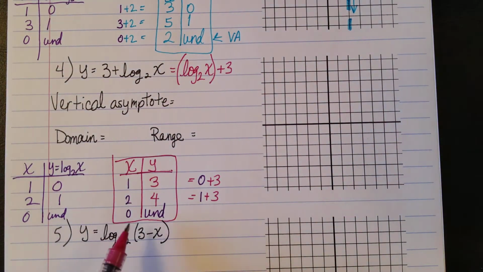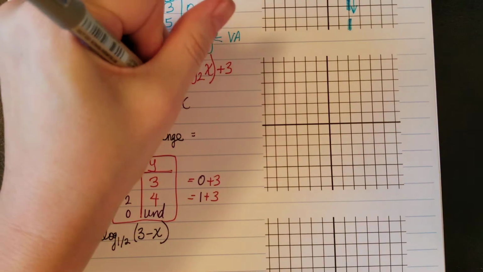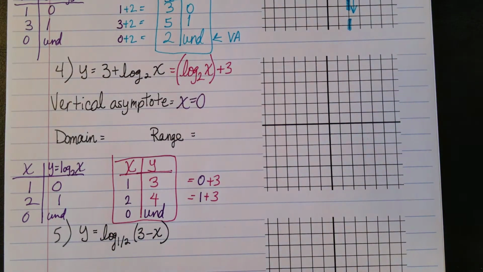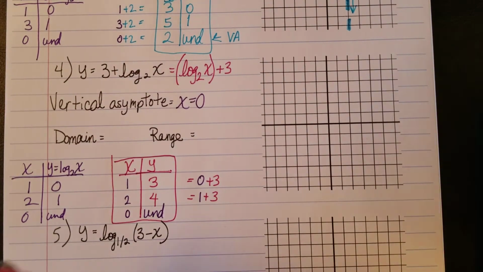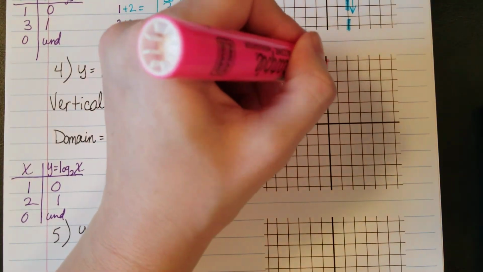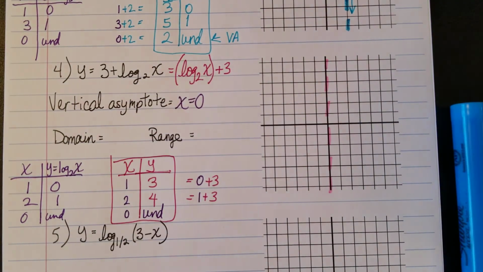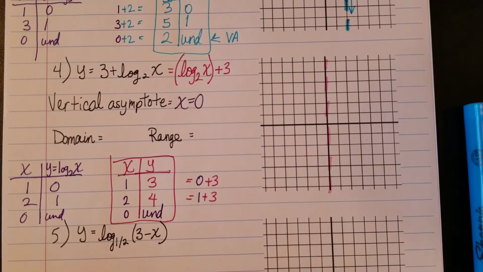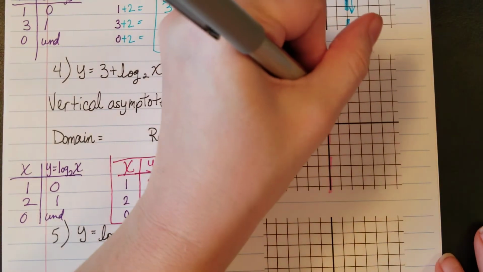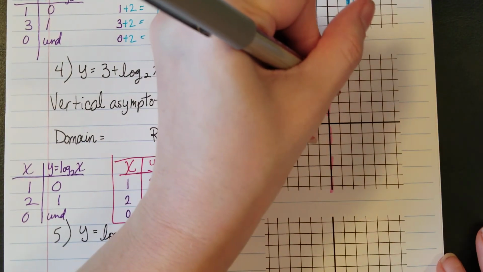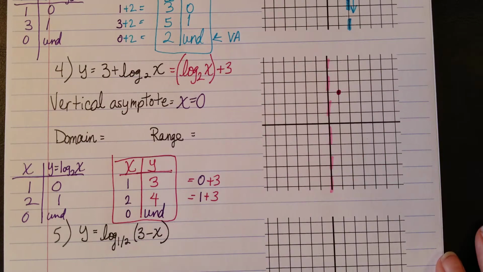Our vertical asymptote is still at x equals 0. Then we have 1, 3, and 2, 4.